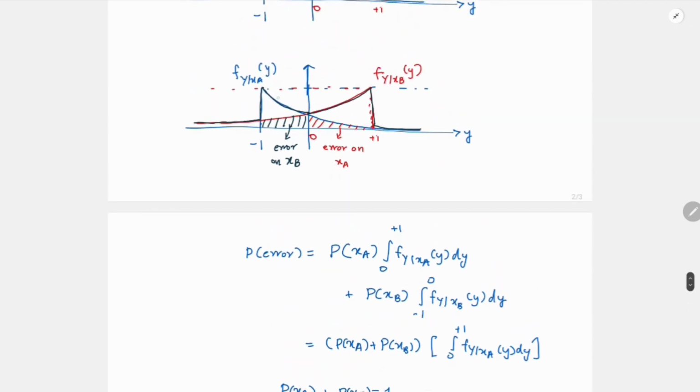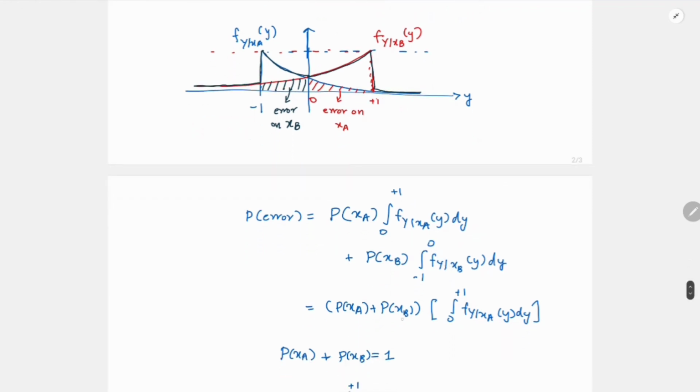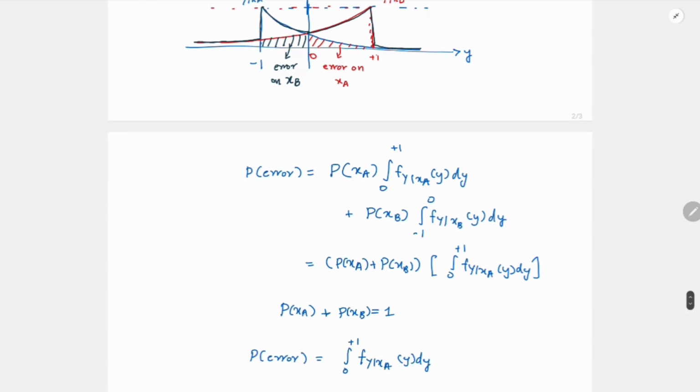Suppose they have given unsymmetric conditional probabilities, then the knowledge of p of xa and p of xb would also be necessary. In that case they might ask what is the maximum error you can make, so you will choose xa and xb such that your error is maximum. But for this question they are equal and we are equating the sum to 1.